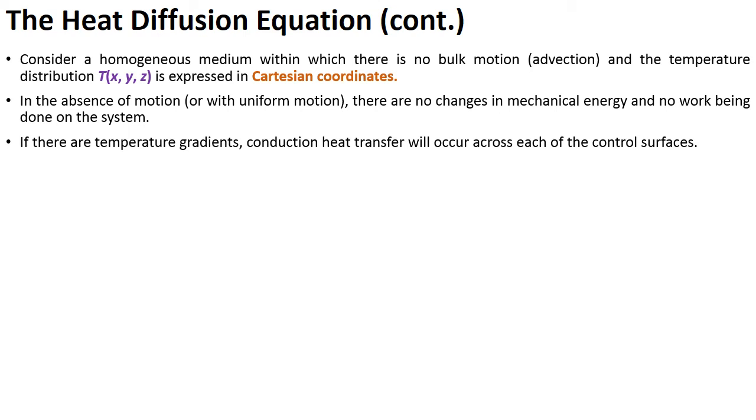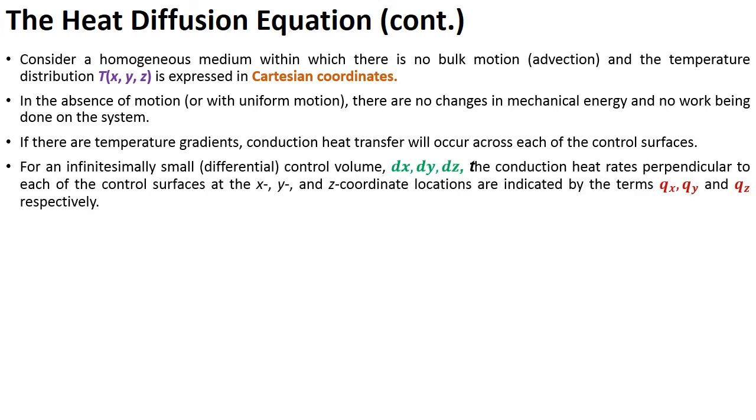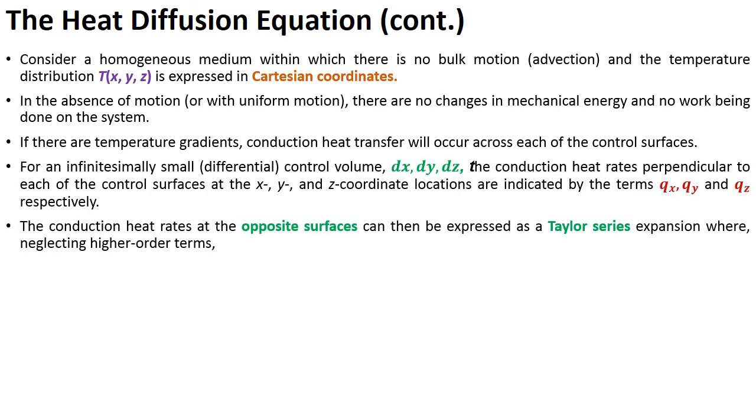So only conduction will occur if temperature gradients exist in the x, y, and z directions. The heat going out of the system can be computed by using the Taylor series if we neglect the higher order terms, and I believe that you have learned the Taylor series in calculus.